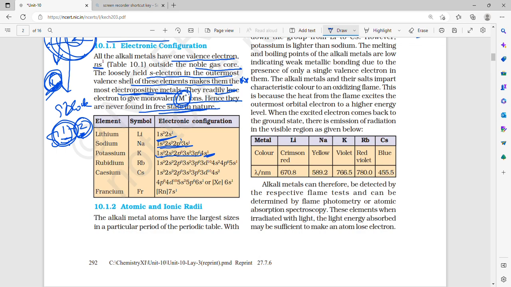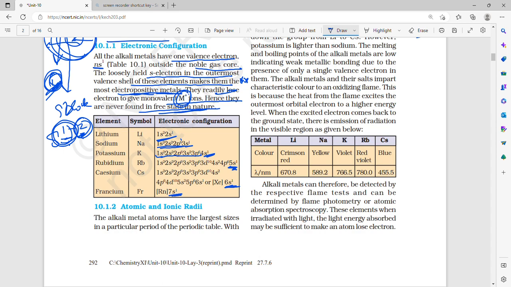Similarly rubidium 5s1, cesium 6s1, francium 7s1. You can see that the valence electron is always in the s orbital, and only one electron is there.